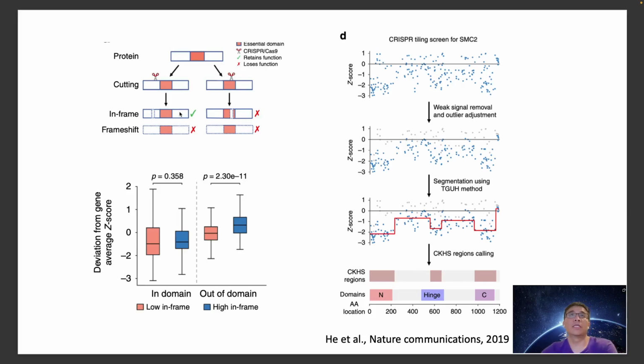So if you introduce indels in domain or important regions, it will cause a more severe, stronger phenotype compared to other non-important regions. This is the major principle behind these CRISPR tiling screens.